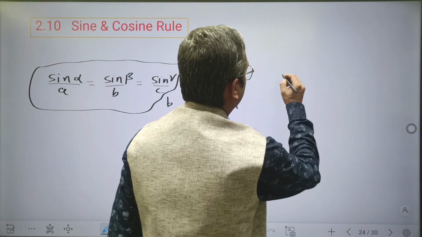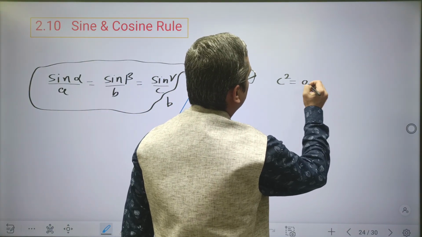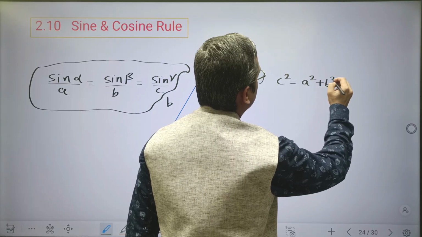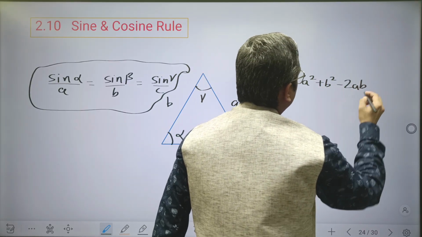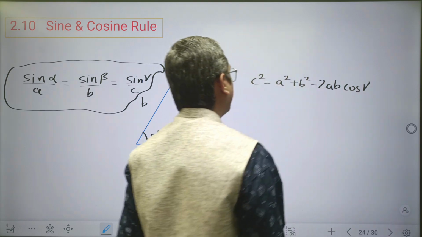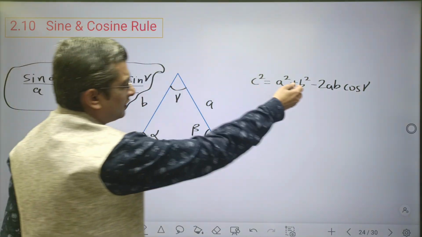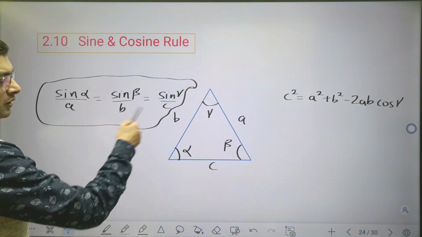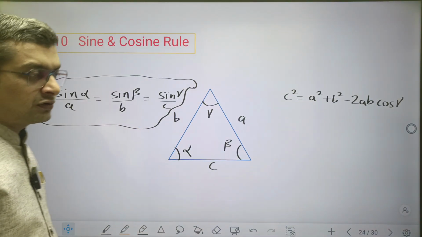And the cos rule is C square is equal to A square plus B square minus 2AB cos gamma. This is rarely used. This formula is important, used in Lami's theorem as well.